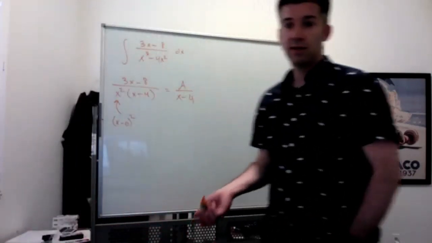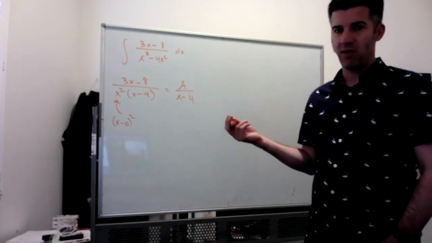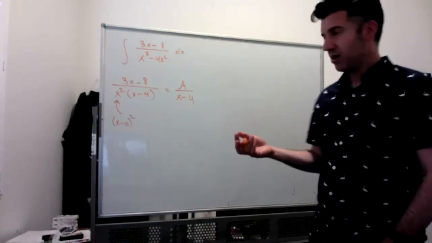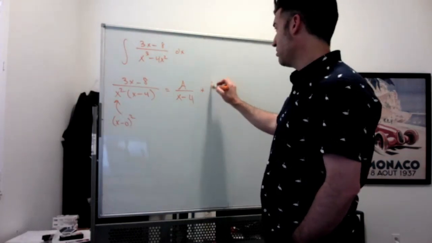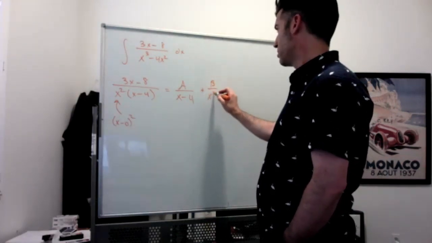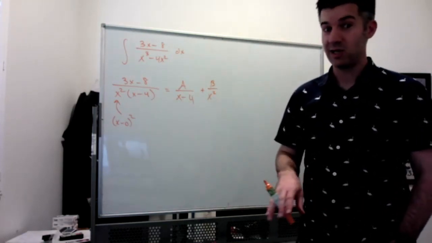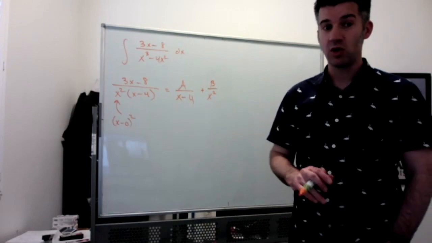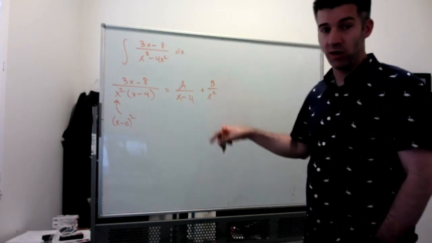And the issue is, I need kind of all the possibilities. Meaning, if I just write that I have B over x squared, I'm going to have problems. Serious problems, like you can't solve this thing kind of problems. Let me show you. If you don't have the other part you need, this isn't going to work.